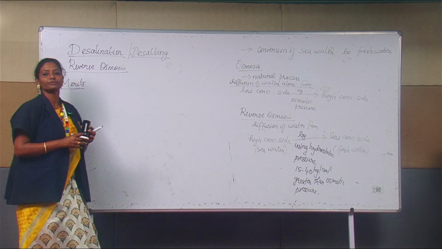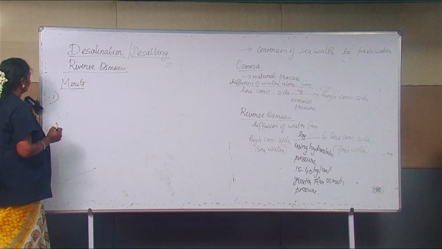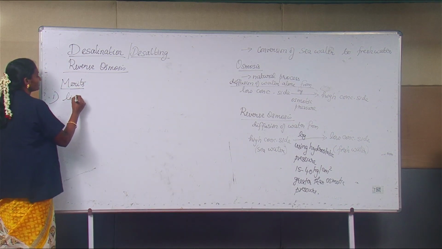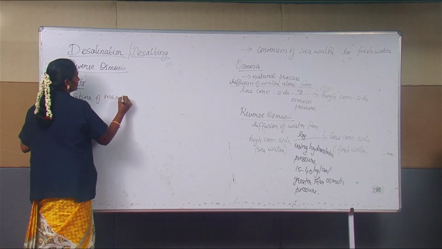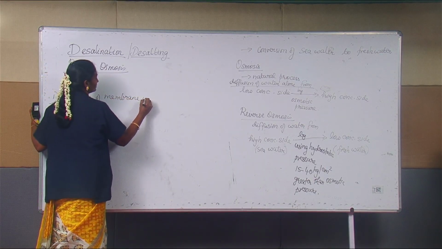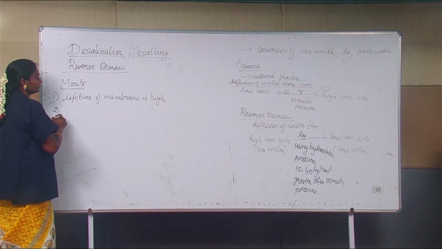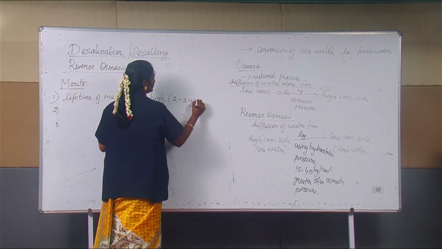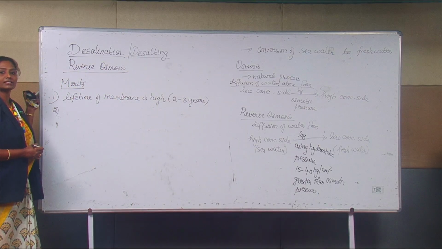The merits or advantages of reverse osmosis are, the lifetime of the membrane is very high, which is about 2 to 3 years. The installation and maintenance cost is low.